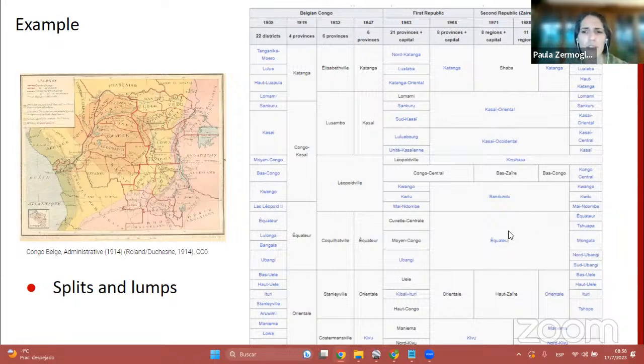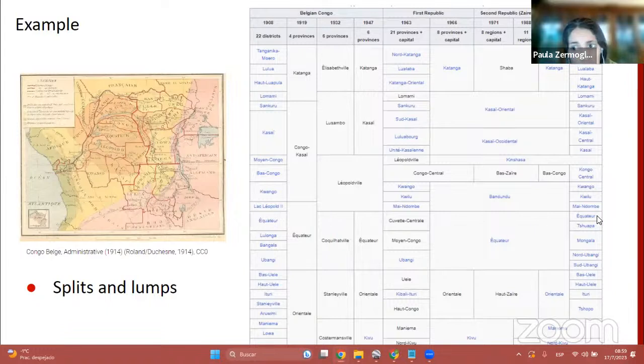So this is to show you that if we had a locality that said Equator, Congo, or Equator, Belgian Congo, or Equator, Zaire, or Equator, Democratic Republic of Congo, it would be really difficult to understand which is the territory that this is actually talking about.